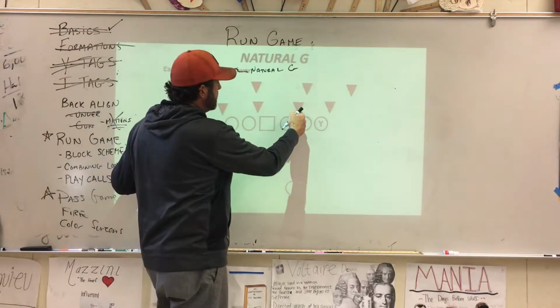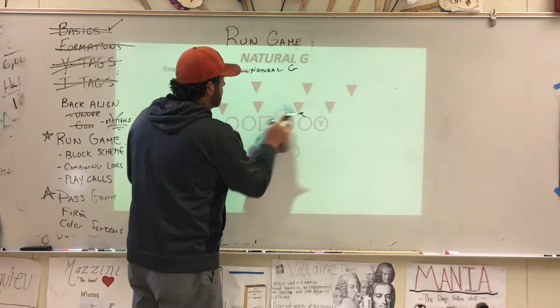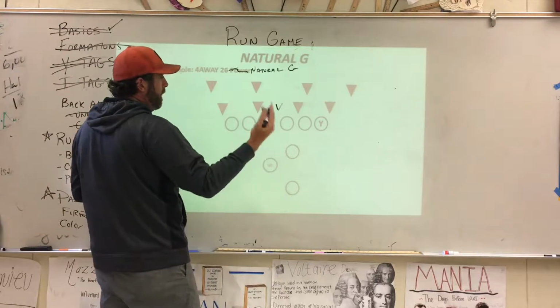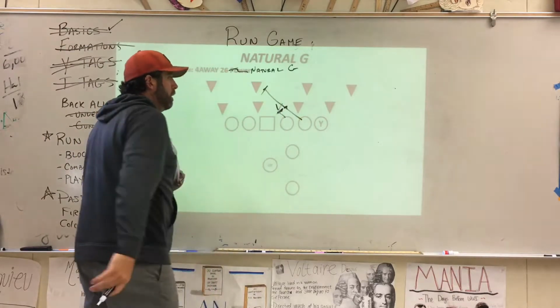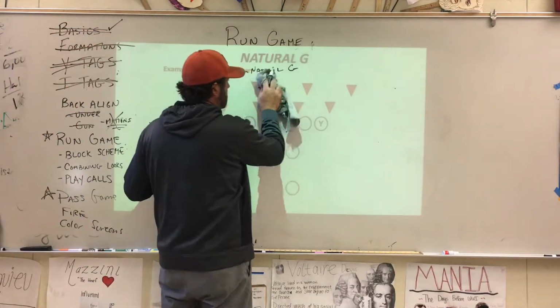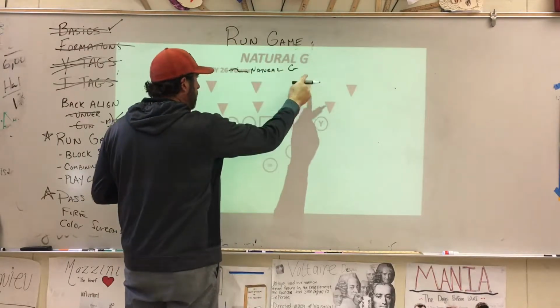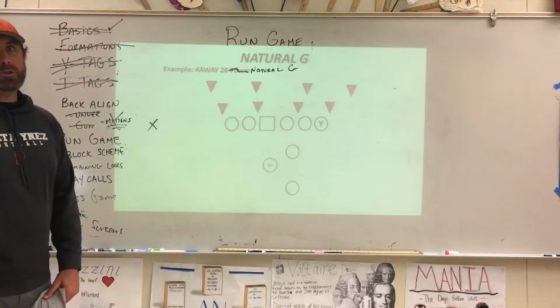So first man inside him on or off the ball is right here, but we know that's a double. If, for example, this guy screws up and he's way down here, then we're going to help. So there'll be situations where you have to play around a little bit, but generally speaking, guys, it's take this guy and go to the backside backer, not this backer. That's for the wrapper. This backer is for the Y. That is our natural G.